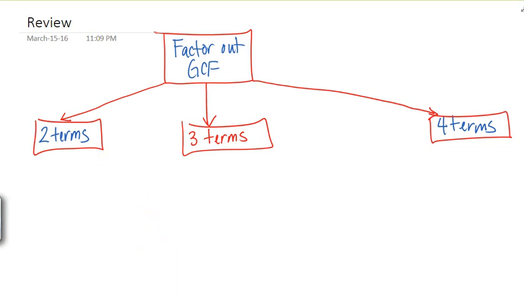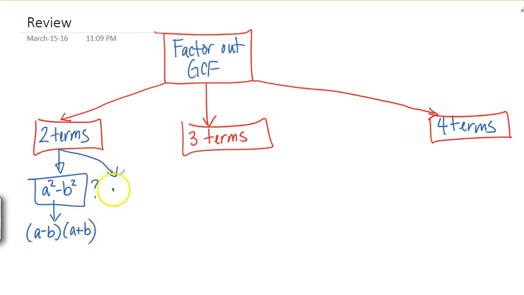And so let's start on the left here, 2 terms. Is it in the form of a squared minus b squared? If it is, then you're going to break it down into a minus b, a plus b.